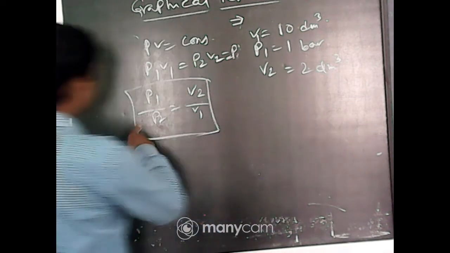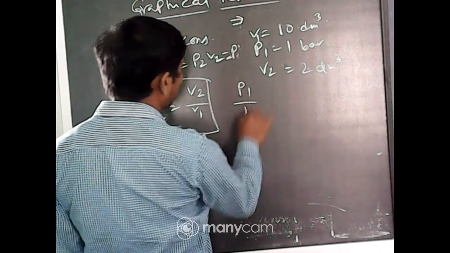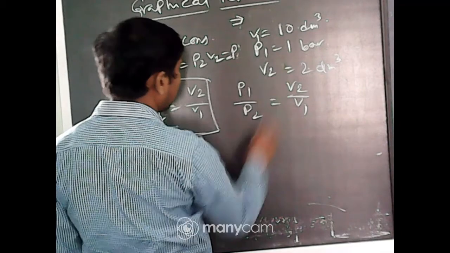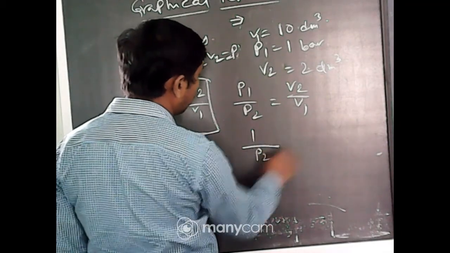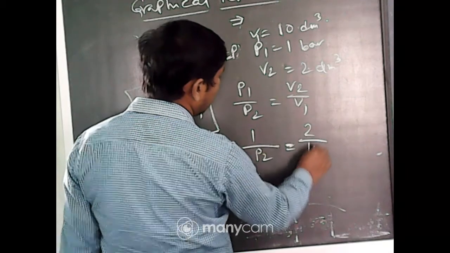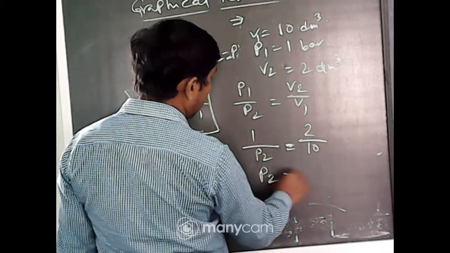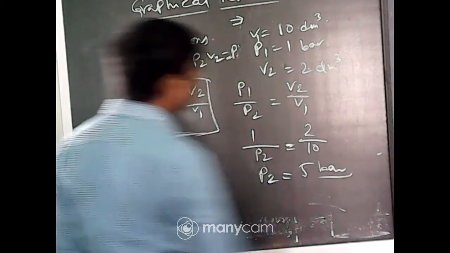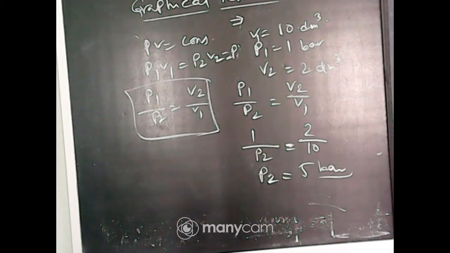Use P1 by P2 equals V2 by V1. So, P1 is 1, P2 is not known, V2 is 2 and V1 is 10. So, P2 equals 5 bar. This is a very simple problem regarding Boyle's law.